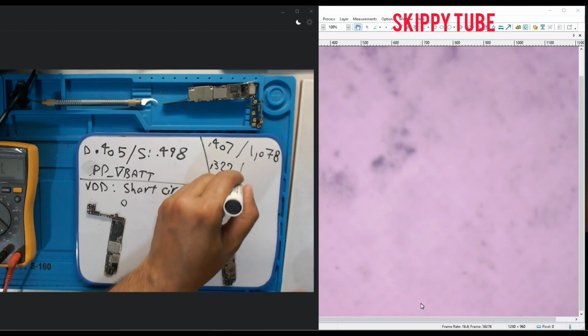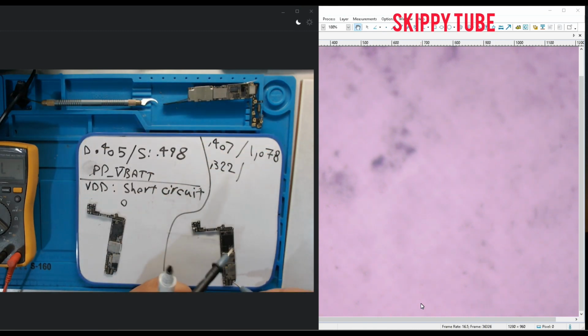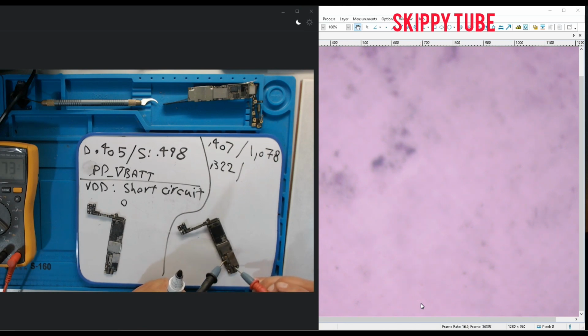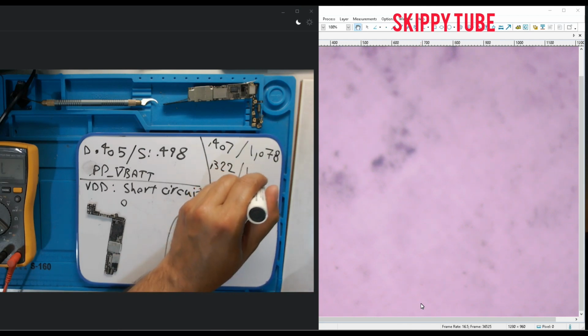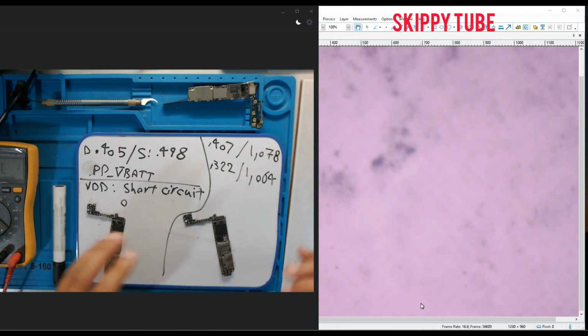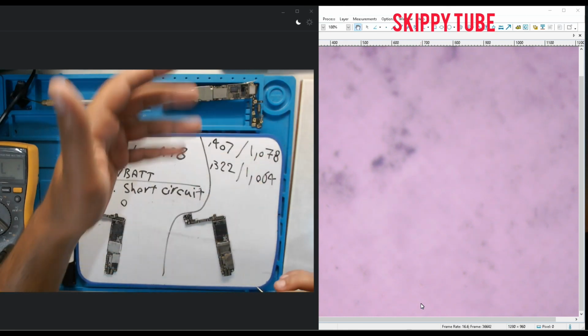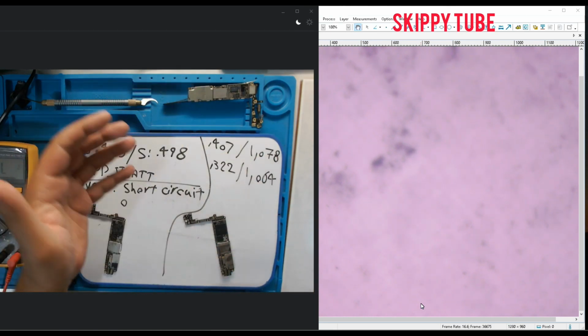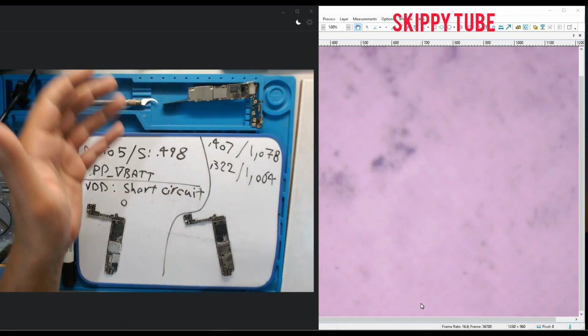This is the first one, and the Skippy test, I think on the iPhone it's the same, yes, 1.064. That's okay, no problem for that one. The Skippy value is showing more than 2.5.